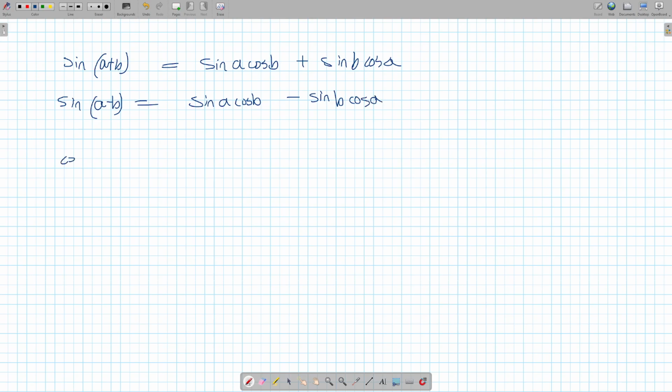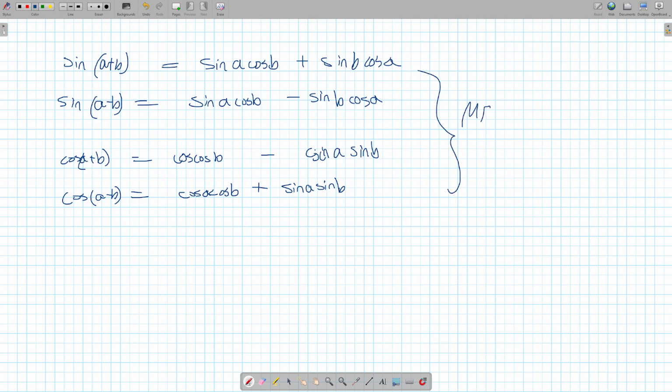Cosine a plus b is equal to cosine a cosine b minus sine a sine b. Cosine a minus b is equal to cosine a cosine b plus sine a sine b.